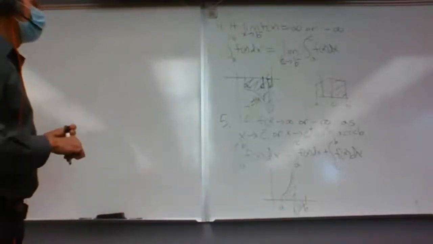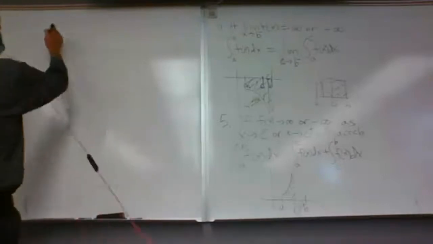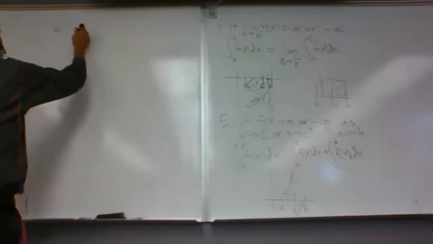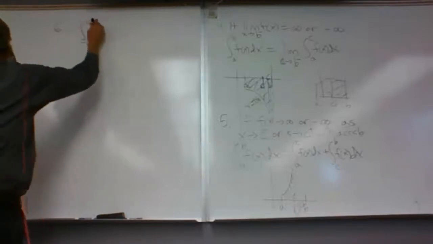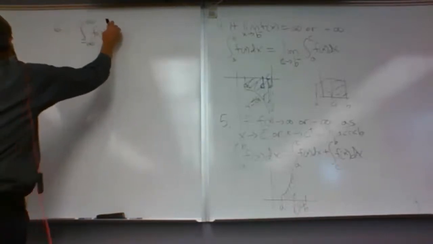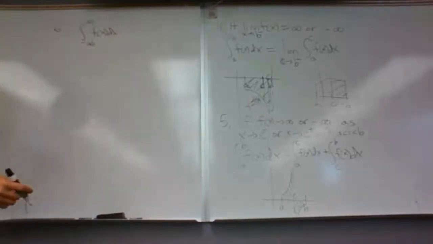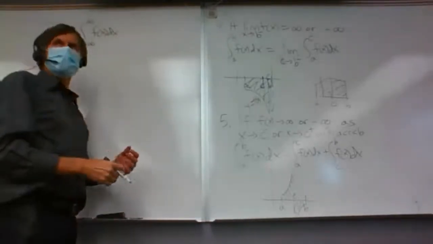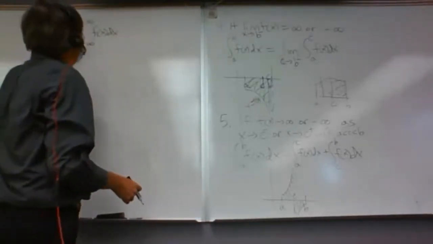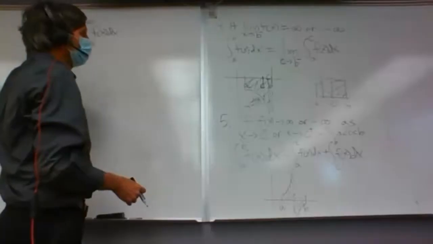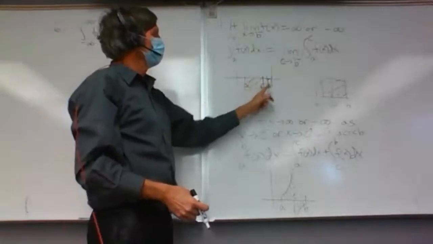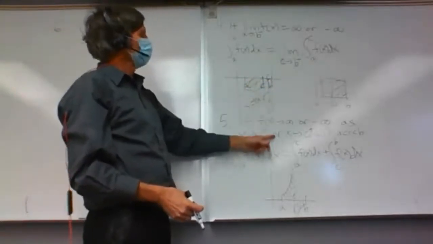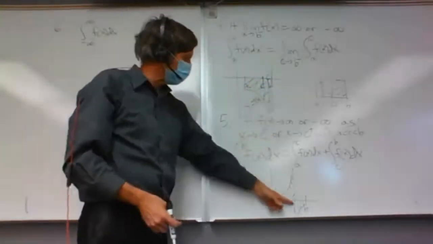So all right, here's the last one I'm going to put up. If I have an integral from minus infinity to infinity of f of x dx, how shall I define that if both endpoints are infinite? So an improper integral, you can either have an infinite endpoint, one or the other or both, or you can have an infinity at an endpoint of a finite interval, because the function goes to plus or minus infinity, or you can have an infinity in the middle of the interval.